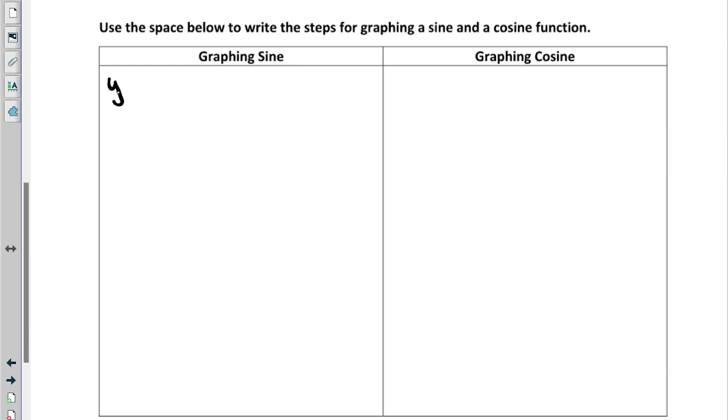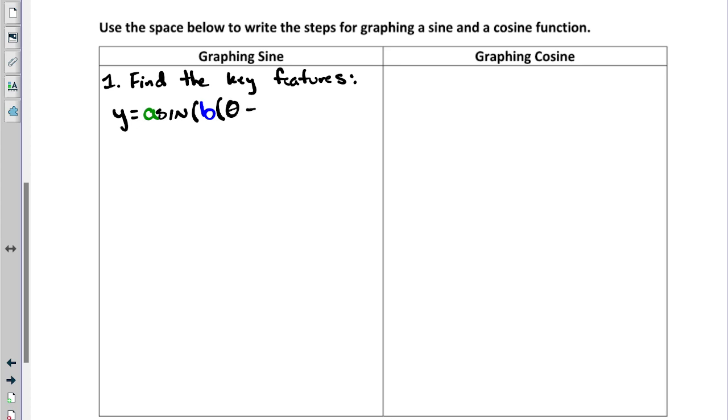So step one would be find the key features, and they come from this: y equals, or f of x equals, a times sine of b times theta minus c, plus d.